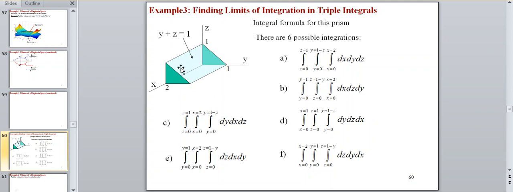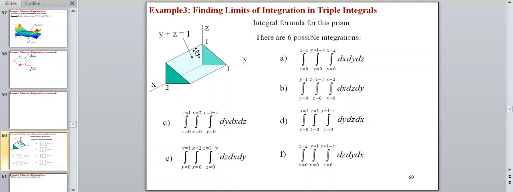So y is from 0, meaning the xz plane, to this plane, whose equation is y equals 1 minus z. So y is from 0 to 1 minus z. And then you take the image of this plane onto the xz plane. What do you see?